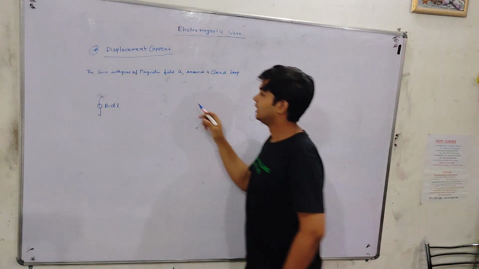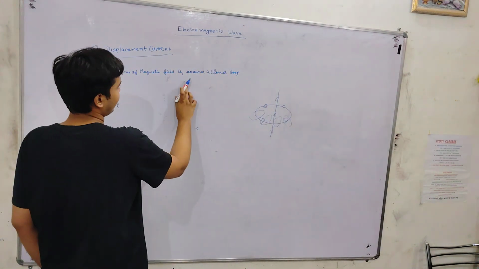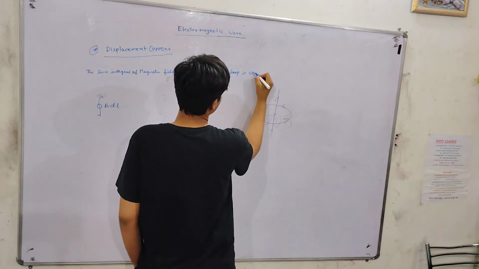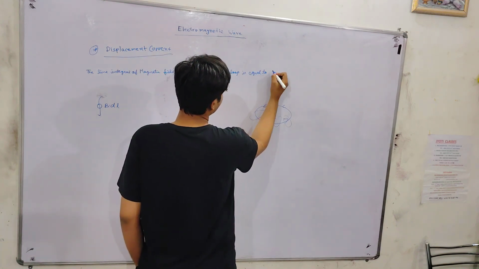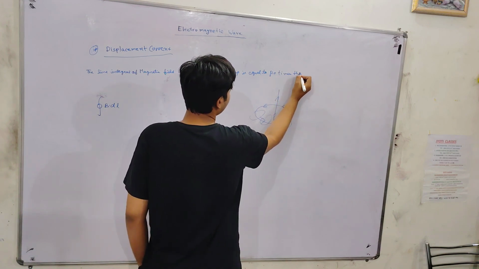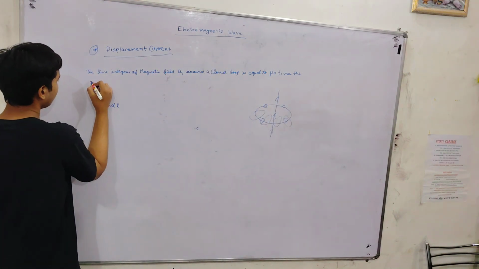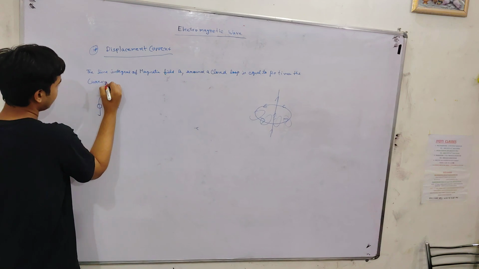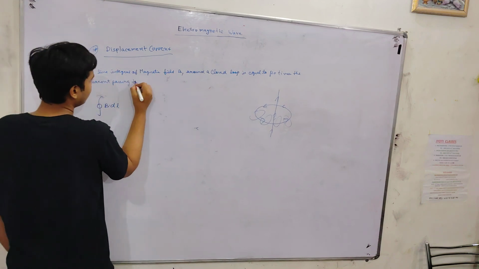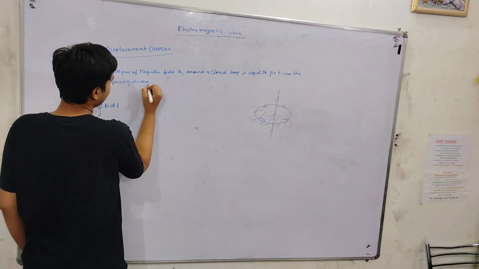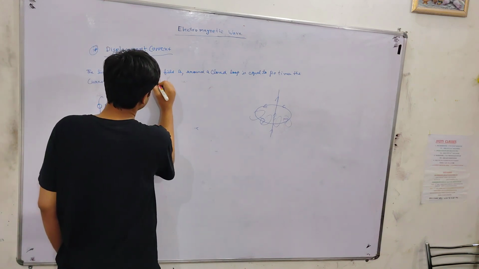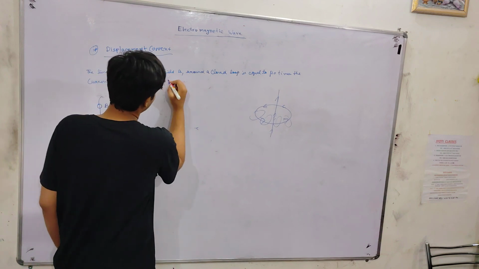The line integral of the magnetic field B around a closed loop is equal to mu naught times the current passing through the closed loop.